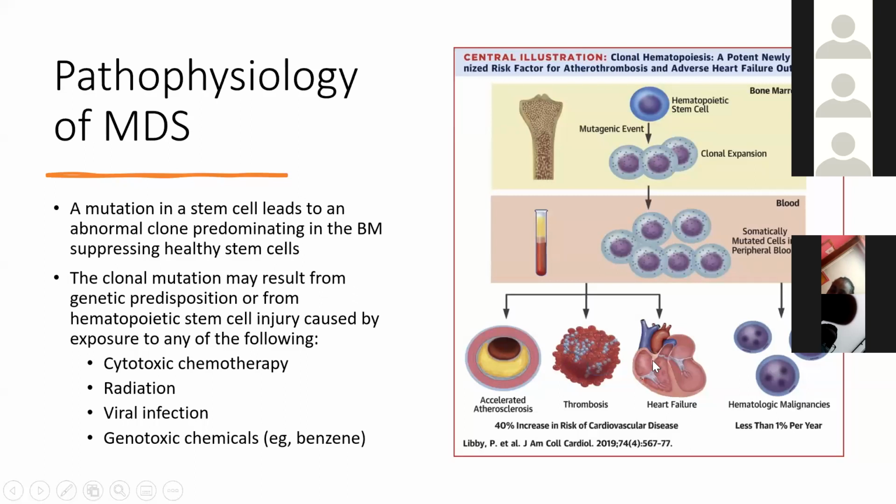So there's a lot more coming out now in literature where we do know that something that looks like it might be only affecting the hematologic system actually has effects on other body organ systems or body functions.